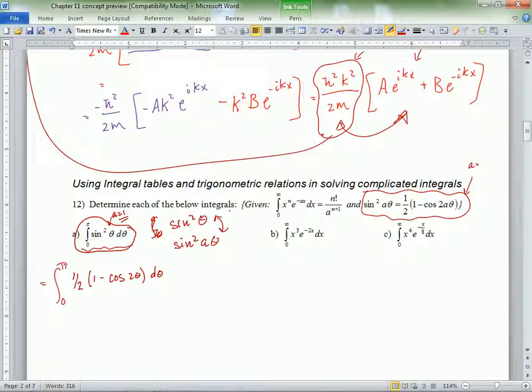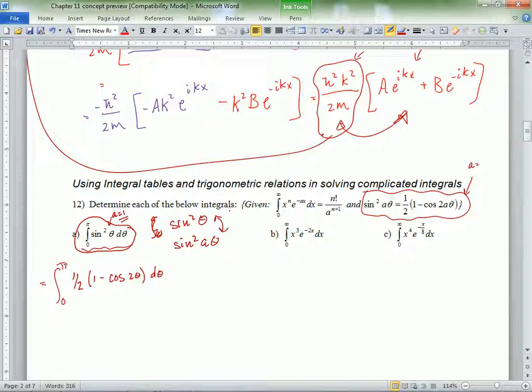The only way they're the same is if a is 1. A can't be 2, because then this would have to be 2 theta. If my integral was sine squared 2 theta, well then my a would be 2. Okay.